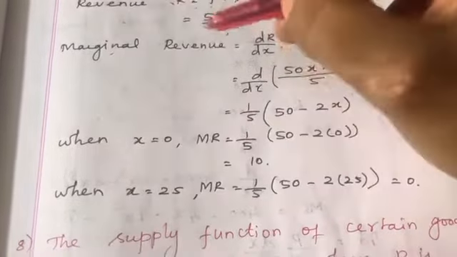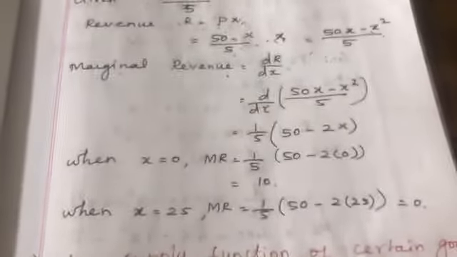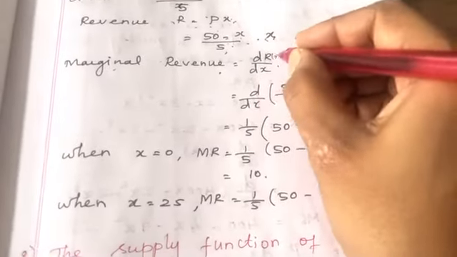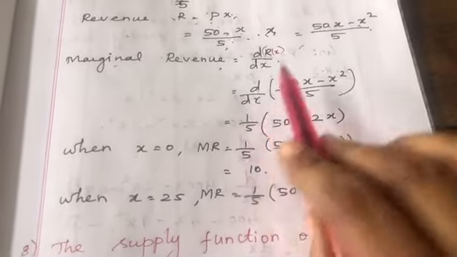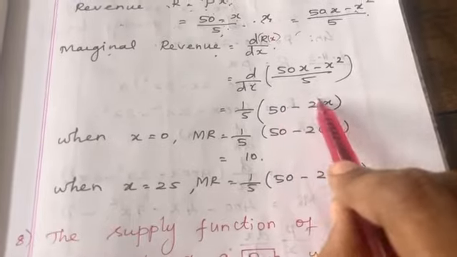So marginal revenue. Marginal means we have to differentiate. So for marginal revenue, we have to differentiate the revenue. So d by dx of R of X, which is 50x minus x square divided by 5.